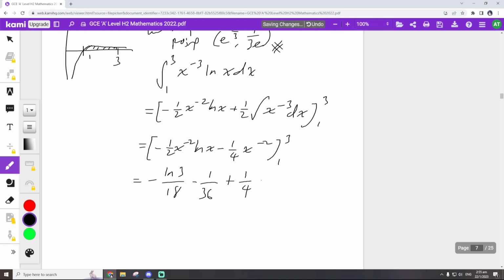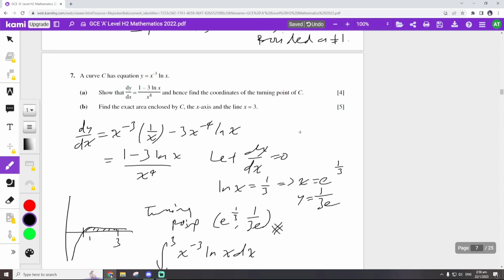Okay, and then 1 quarter minus 1 over 36 is 9 over 36 minus 1 over 36, 8 over 36, which is 2 over 9. So you get 2 over 9 minus ln 3 over 18. So that will be the exact area in square units.